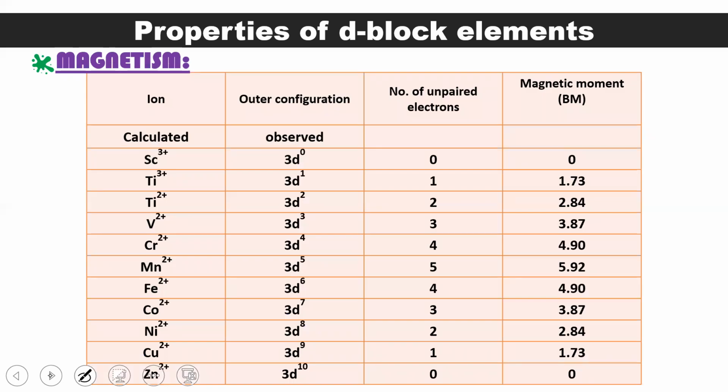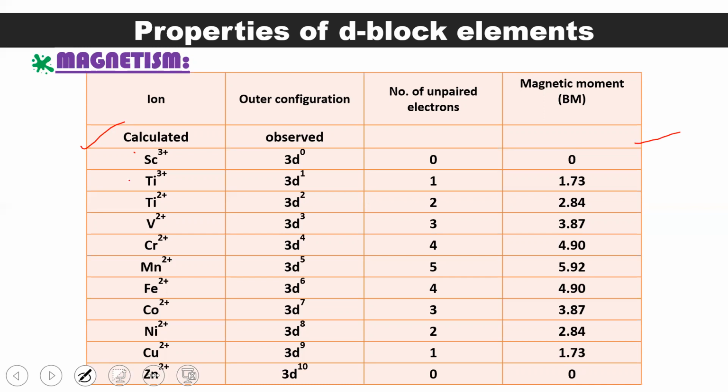If you observe this table, there are some d block elements, some 3d series elements, present in their stable ionic states, and their magnetic moment values.